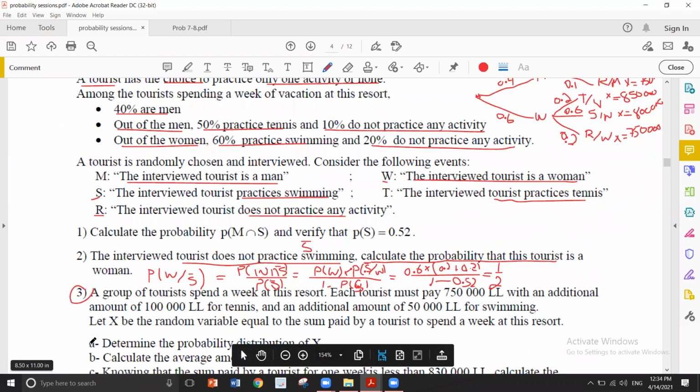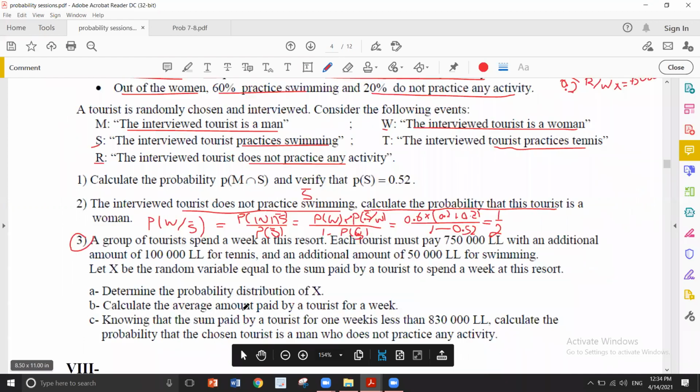Now to determine the probability distribution, part A, I need to determine each probability.